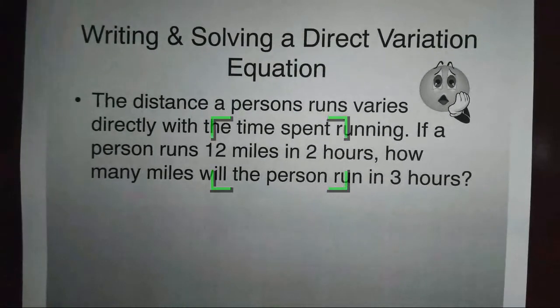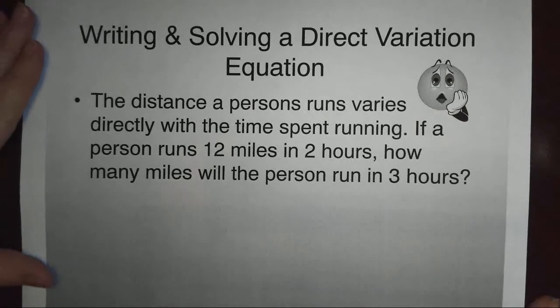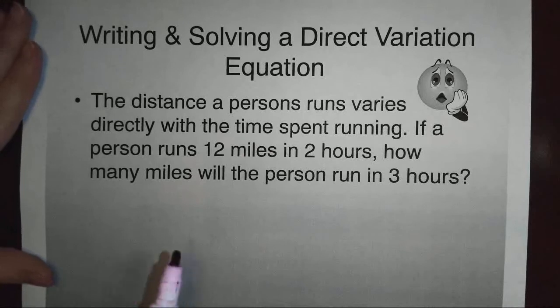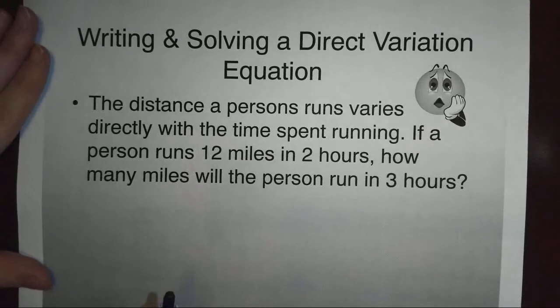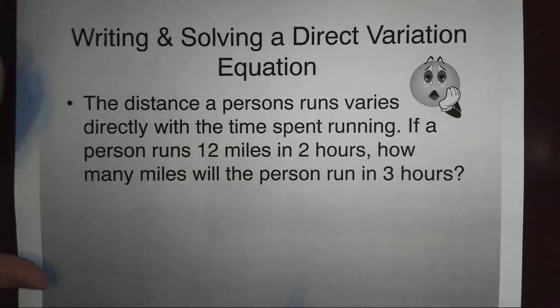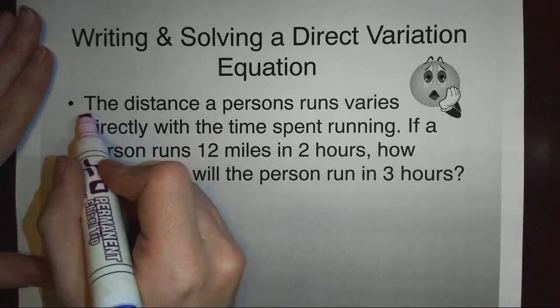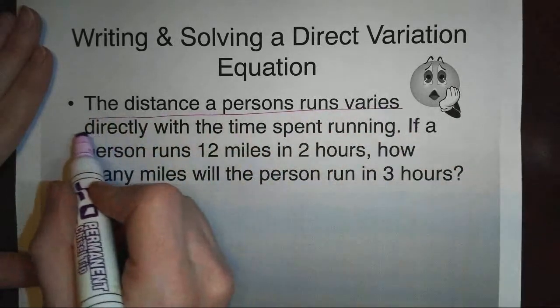Here we want to write a direct variation equation, and then we also are going to need to use that equation to solve a direct variation. Here, the distance a person runs varies directly with time spent running. If a person runs 12 miles in 2 hours, how many miles will the person run in 3 hours? Now, this sentence here tells us how to create our equation.